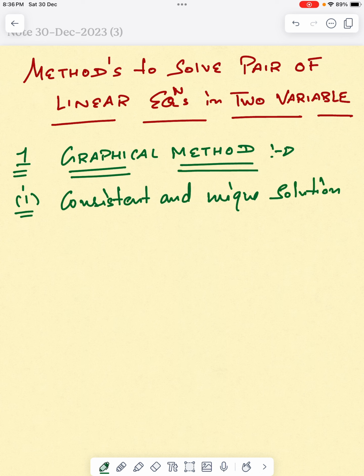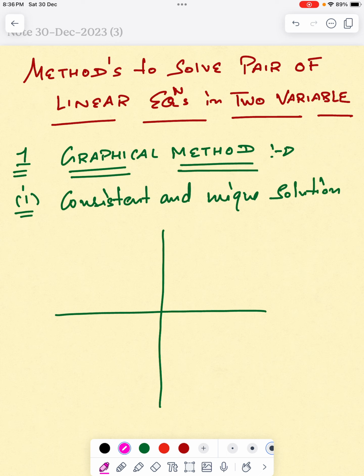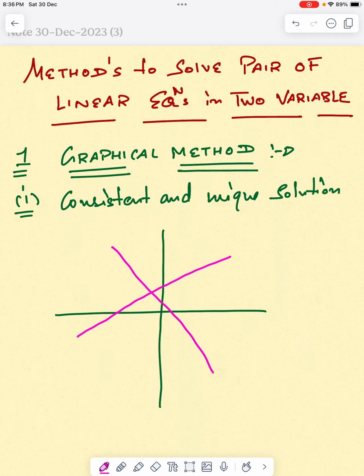You will get a graph of two intersecting lines, or you can say the graph will intersect at one point only, like this.